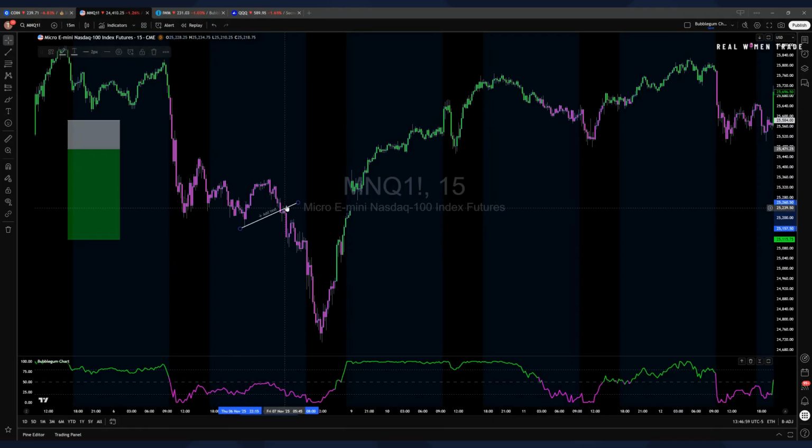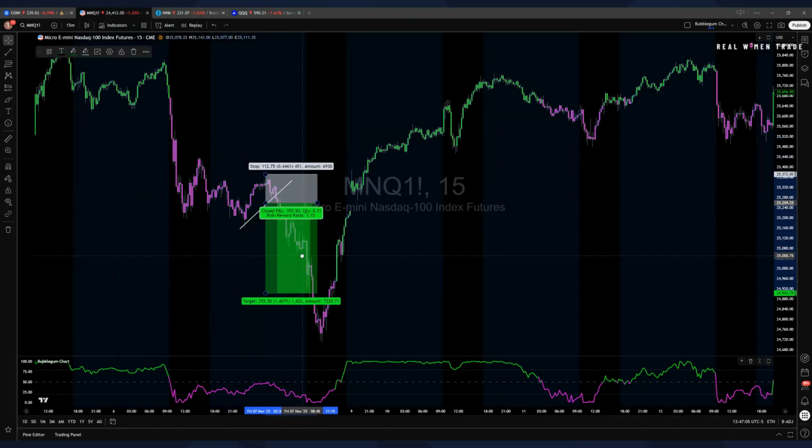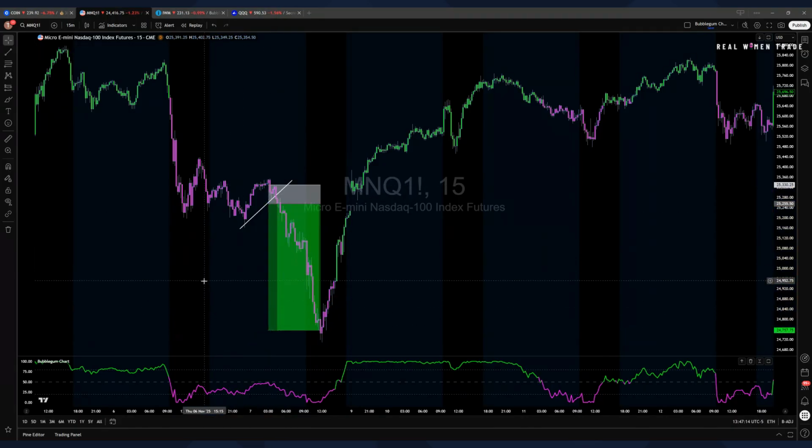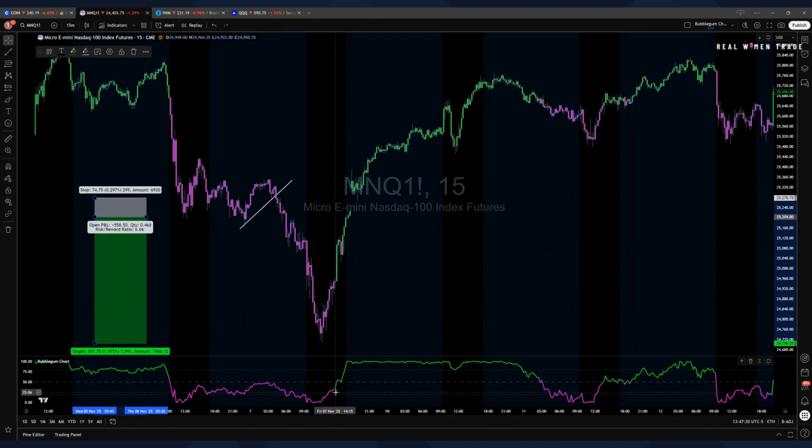And again, if you drew a trend line, you could have taken this candle right here with a stop above the last high. And this went down to 6-to-1. Bubble flow remains pink until at this point it chops a little bit.